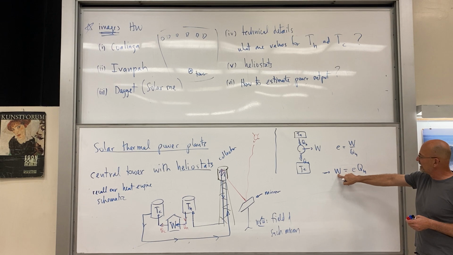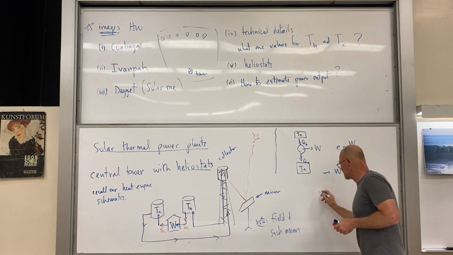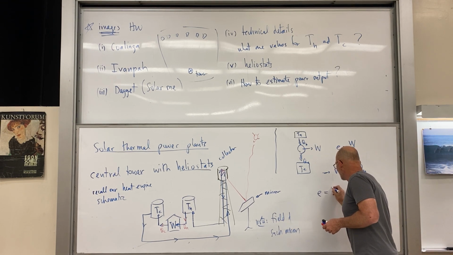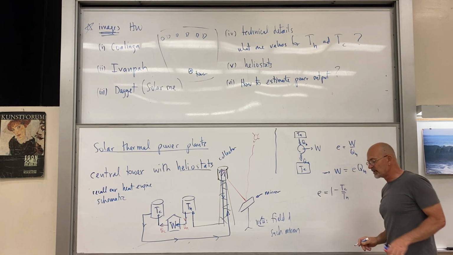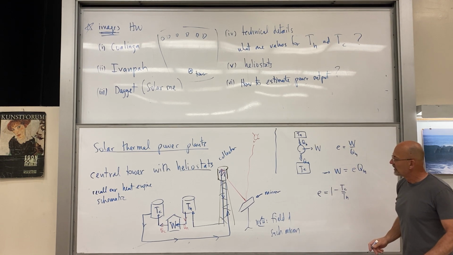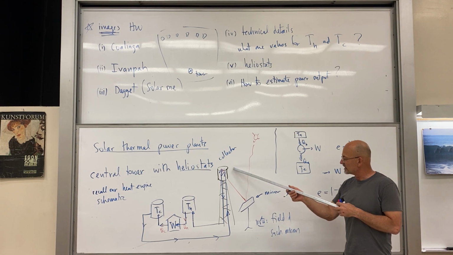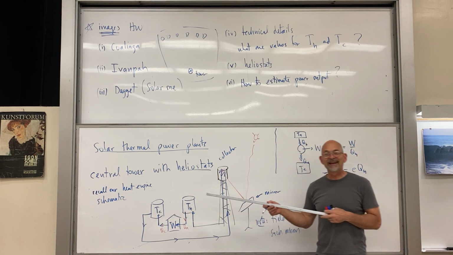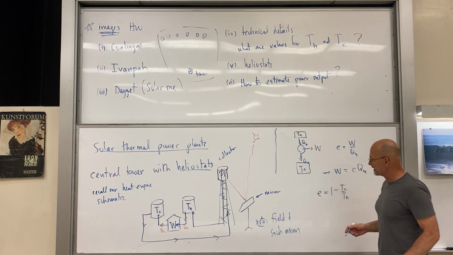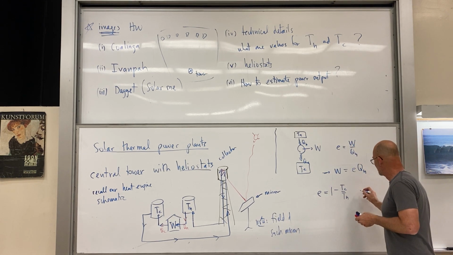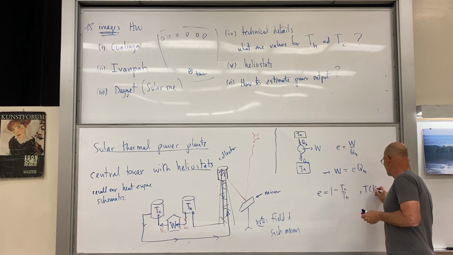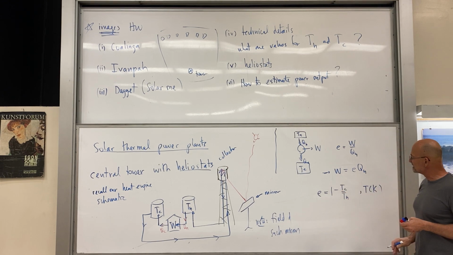So we'll stick with this right here. Now what about the efficiency? Efficiency is 1 minus TC over TH. So if you have that information, TC and TH, in Kelvin, and if they gave you Fahrenheit, you would have to do a couple of conversions to Kelvin. In Kelvin, then you'd have that efficiency.